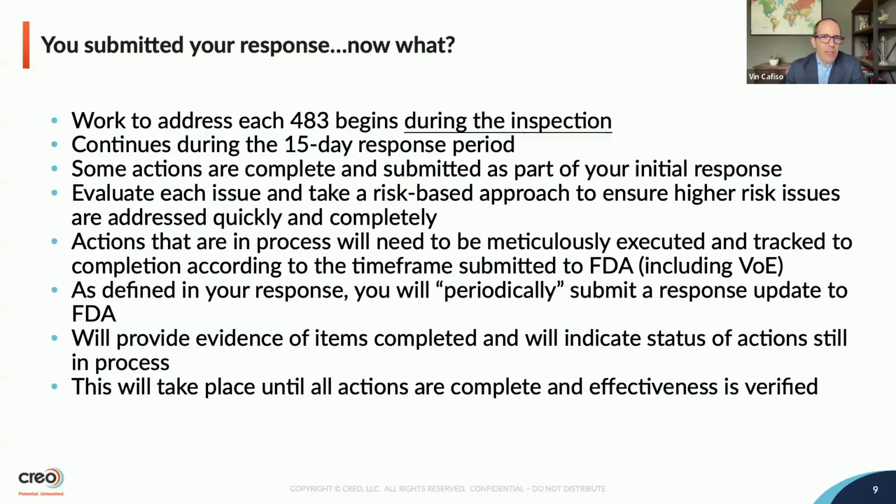You're having an inspection, right? And during the inspection, an investigator is hopefully being upfront and honest and communicating with you in terms of what's happening as it's happening. So you should be doing some level of work there to investigate what's going on. And you always want to avoid that knee-jerk reaction of just handing them a red line document, saying, see, look, we're fixing this, don't give us a 483.